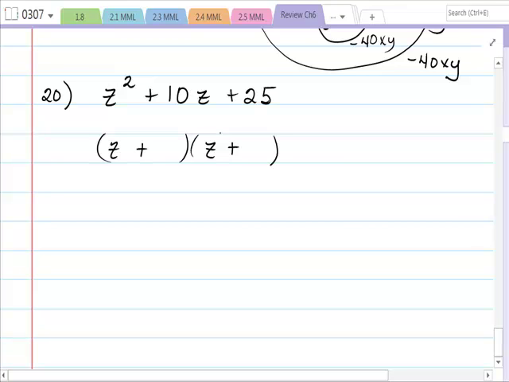What are the factors of 25 that add up to be 10? 5 and 5. I tried the trinomial, and we got it right. You might sometimes see the answer as z plus 5 squared. Not necessary at all, but sometimes you would see that written.